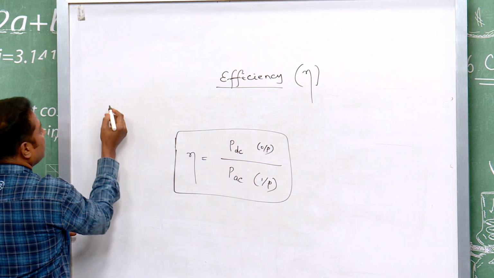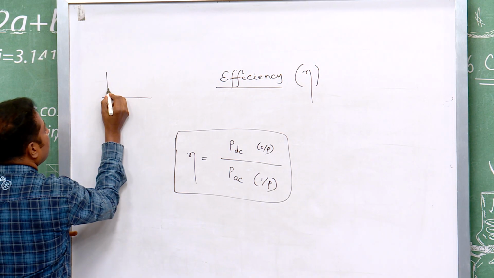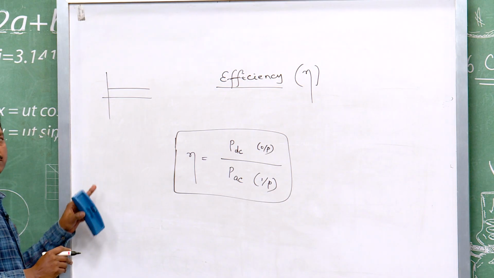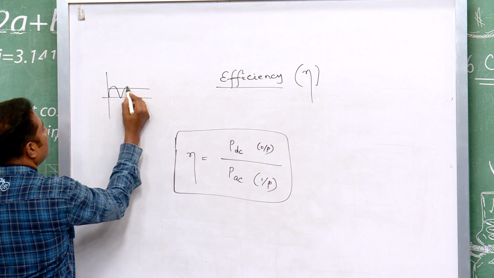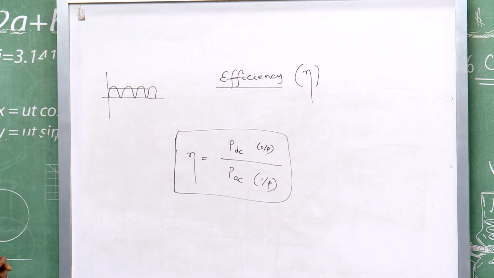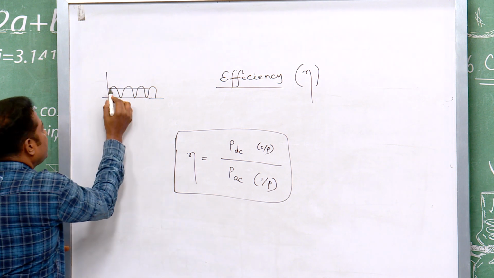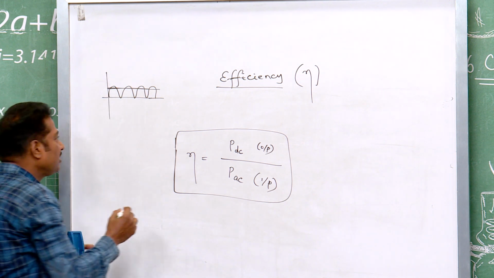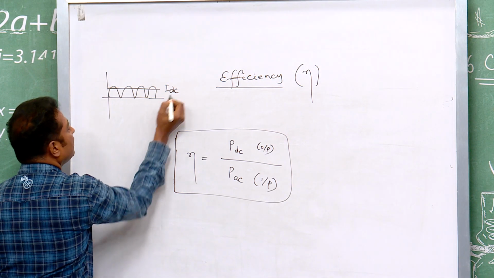And you know the DC is not a constant value from the rectifier what you get. It is fluctuating. So, the fluctuating current should be converted into the constant value, and the constant value is known as DC current.